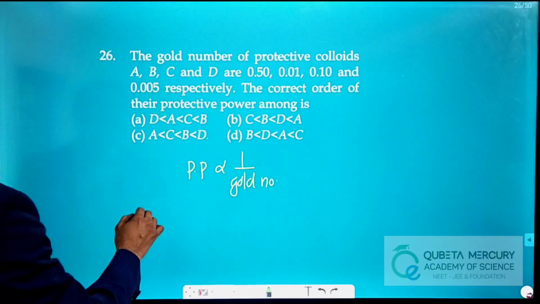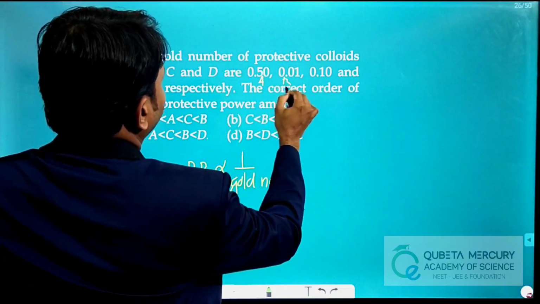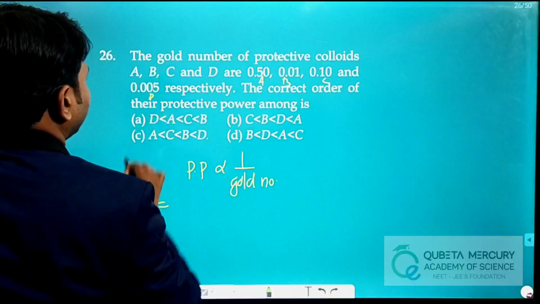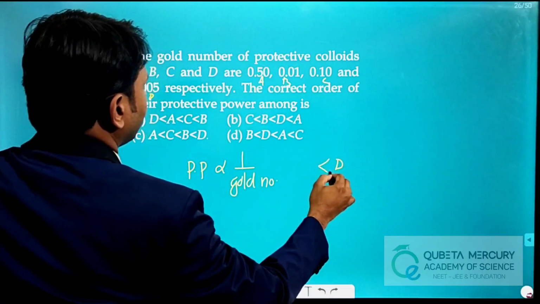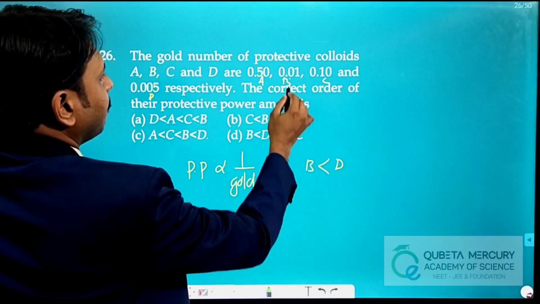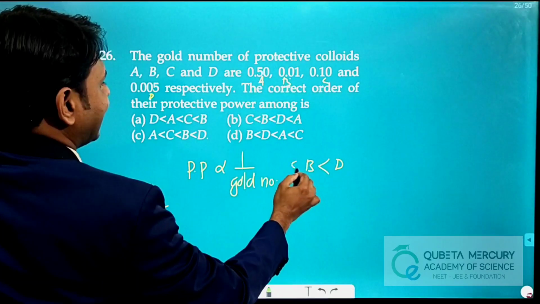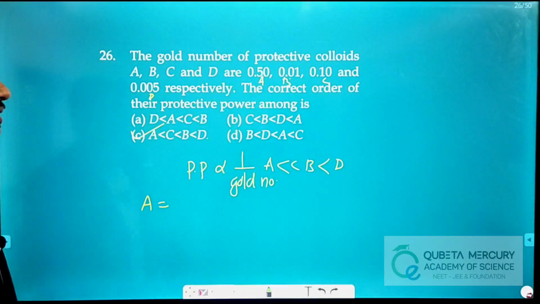A is having 0.5. I'm just writing A, B, C, D. The one with the least value is D, so D will have the greatest protective power. Then B, then C, then A: D, B, C, A. C is the right answer.